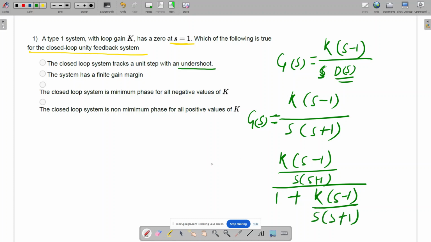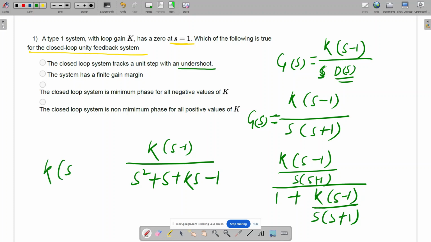So s into (s plus 1) will be cancelled, giving k (s minus 1) divided by s square plus s plus k s minus k. Is it correct? So k into (s minus 1) divided by s square plus (k plus 1) s plus 1 will be our closed loop transfer function.